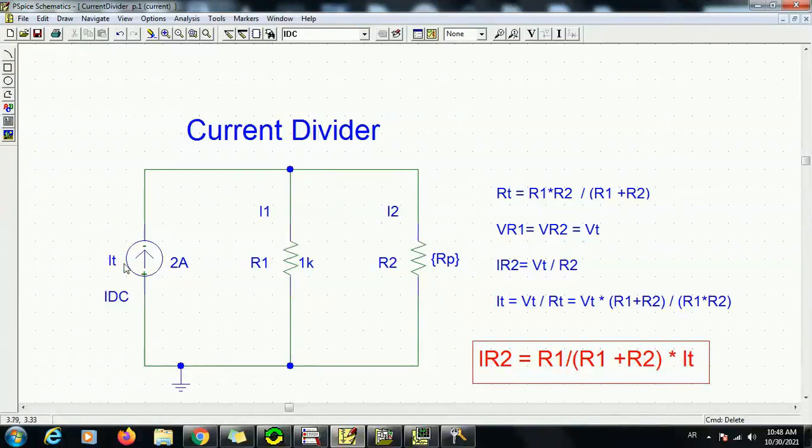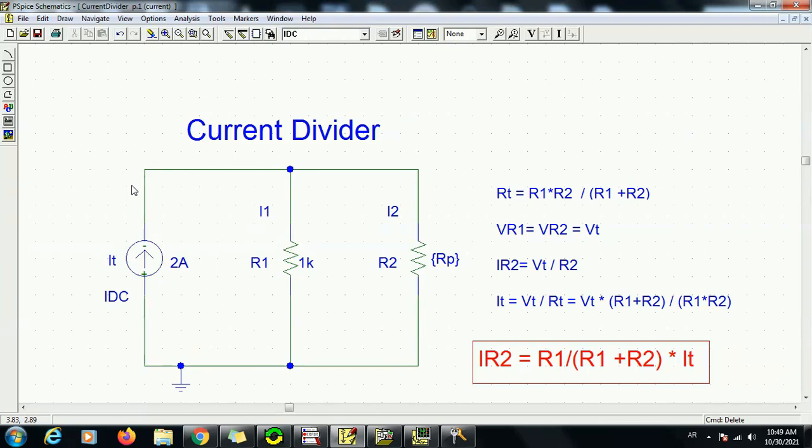The current source that we have chosen here is an ideal current source. This is actually called an active current source. There's also another type of current source, which is a passive current source, and this is generated by a voltage source and a resistor in series.